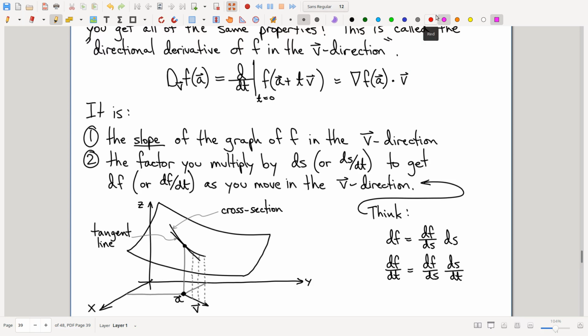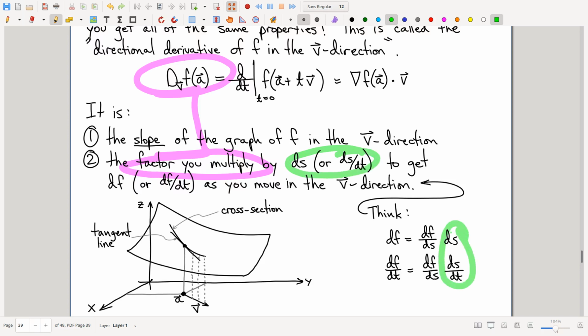If we're talking about the directional derivative as being this multiplicative factor, what you multiply by your input change, either how far you've moved in that direction or how fast you're moving in that direction, and if the result is your output change, again, either how much the output changed or how fast the output is changing, doesn't it make sense, just notationally, that we should write the directional derivative in this case as df/ds, sometimes pronounced rate of change with respect to distance.